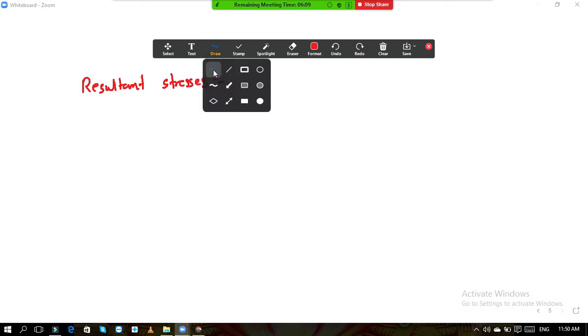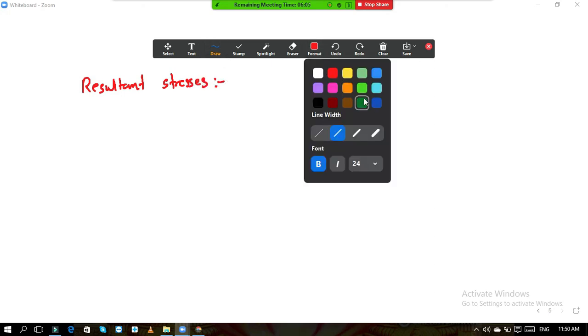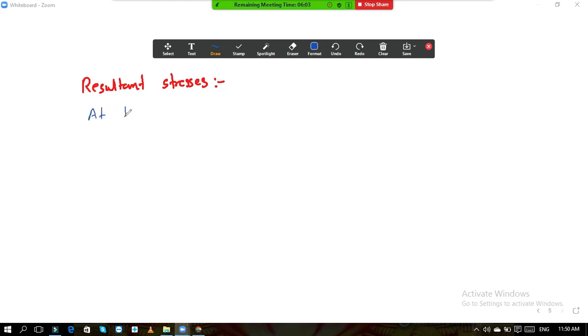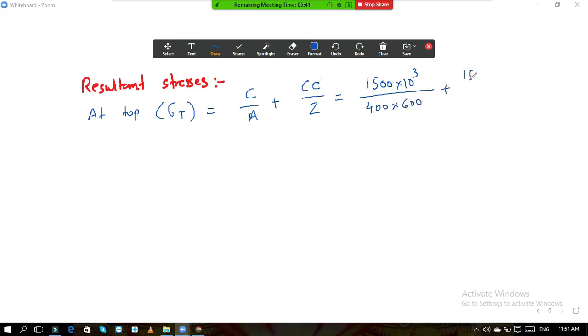So the resultant stress at top, sigma T is equal to C by A plus C E dash by Z, which is equal to P, the force, divided by A, the area of cross section, 400 into 600, plus 1500 into 10 to the power 3 into E dash.